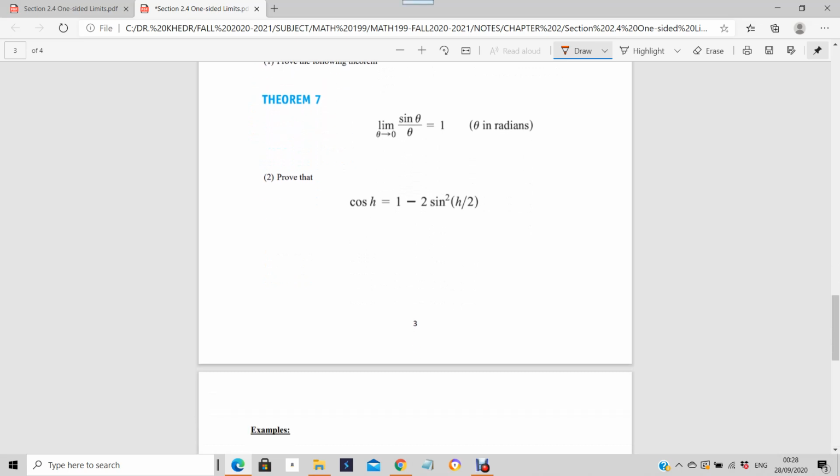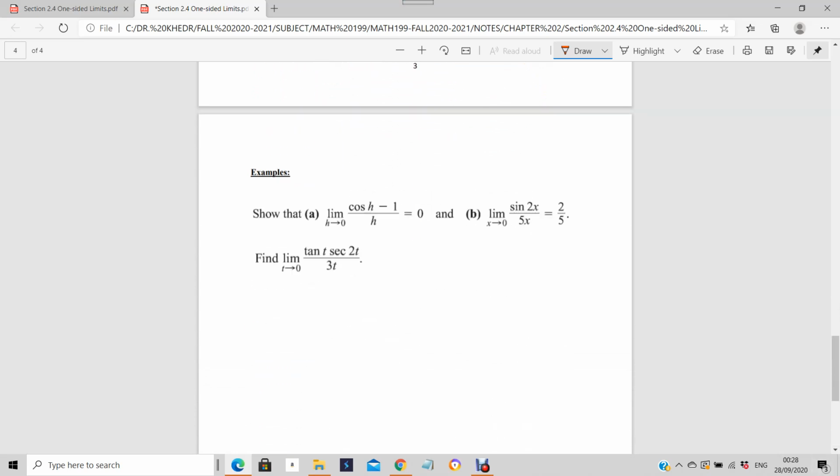So we will use this theorem to solve some questions like these examples here. Show that the limit of cosine h minus 1 over h as h goes to 0 equals 0. And there is another example: the limit of sine 2x over 5x as x goes to 0 equals 2 over 5.